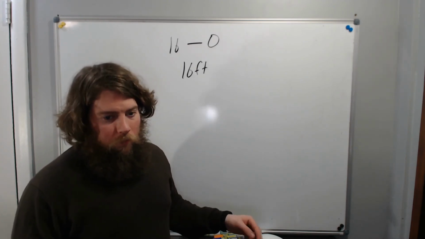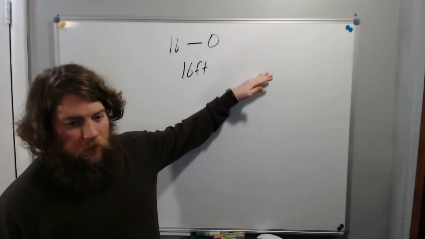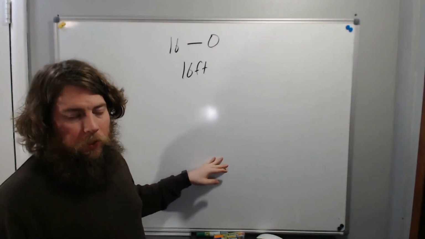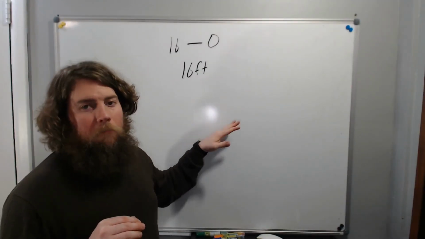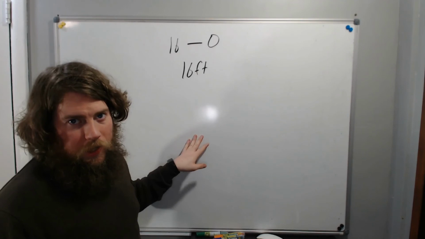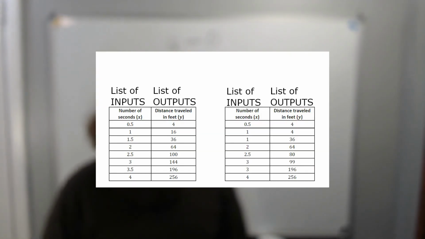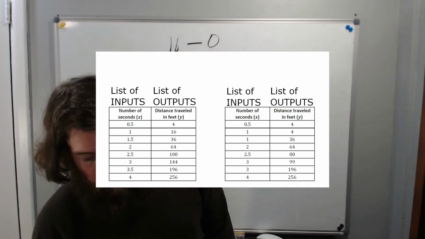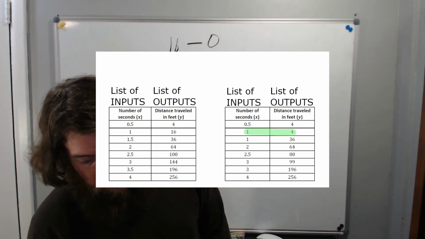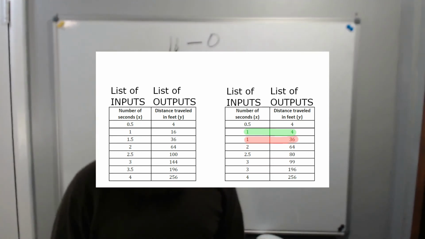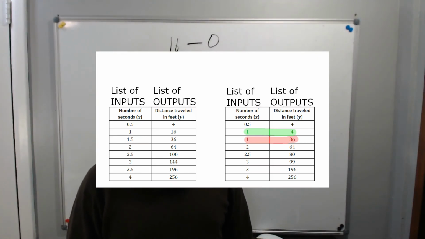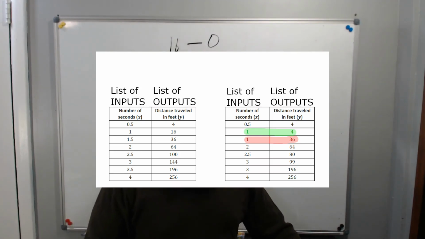So there can be the same output for several different inputs, but you can never have more than one output for the same input. Like here in the table on the right, the input of 1 gives you an output of 4, but it also gives you this output of 36, and that is just simply not allowed. That is something called the vertical line test that you guys are going to learn about a little bit later.